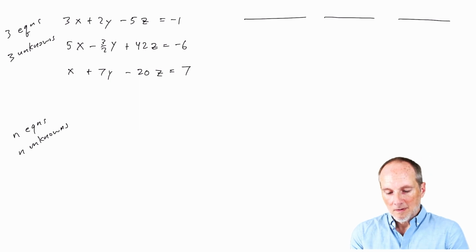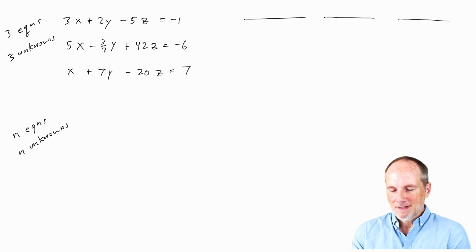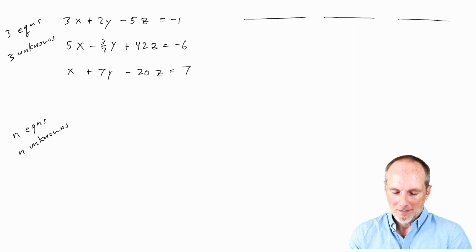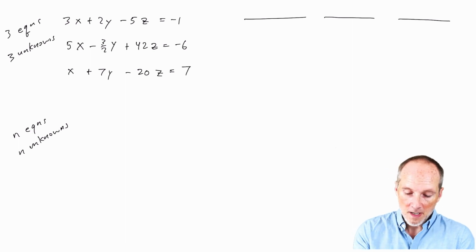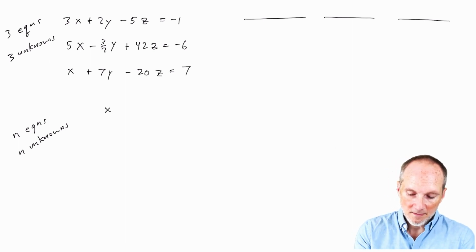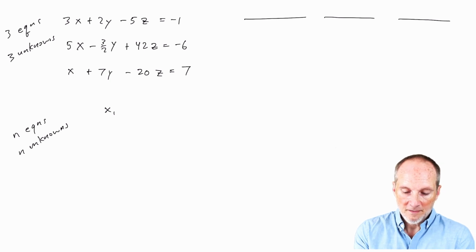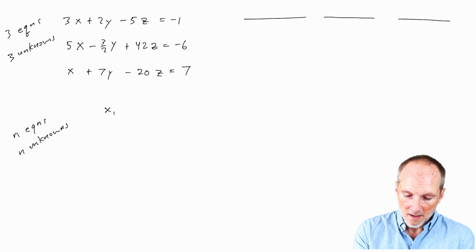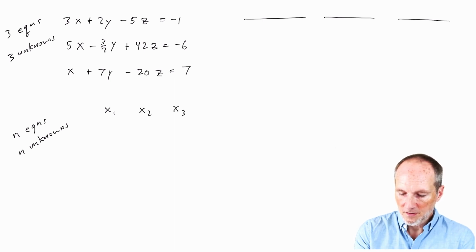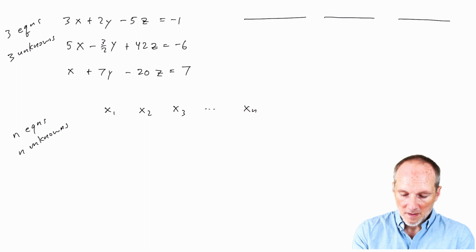And now I can't really use x, y, and z because I don't know how many equations there are, but I can use subscripts again. So let's say the first variable is x1. The next variable is x2 and x3 and so on. The last one is xn. There's going to be n equations like this.